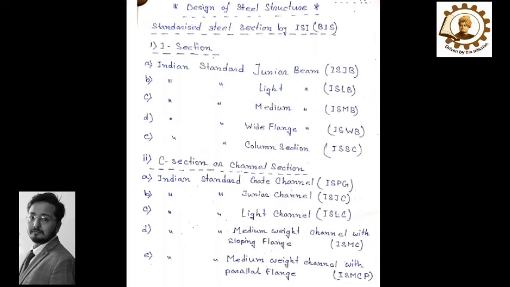First, for the I section, there are 5 divisions: Indian Standard Junior Beam, ISJB, Indian Standard Light Beam, ISLB, Indian Standard Medium Beam, ISMB, Indian Standard Wide Flange Beam, ISWB, Indian Standard Column Section, ISSC.